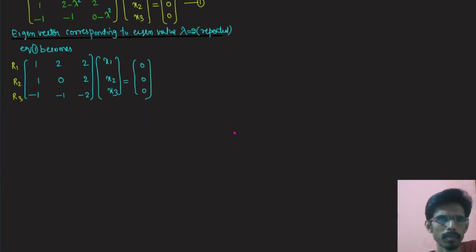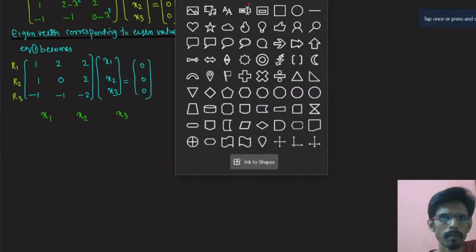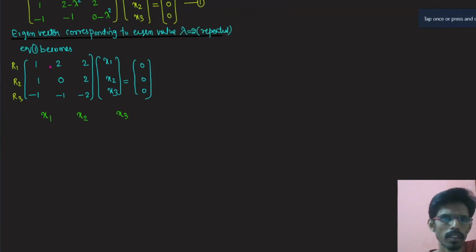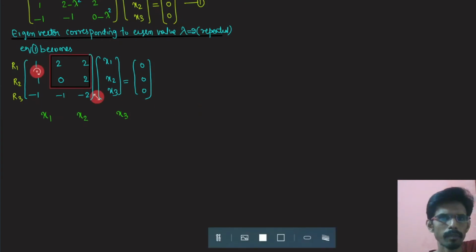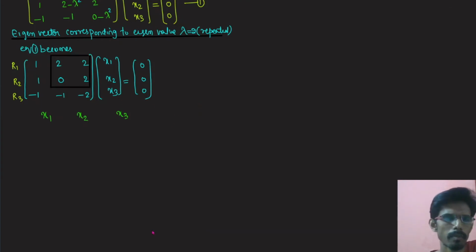So the crisscross method says: write down x1, x2, x3. Now take a submatrix of this matrix here. Here the submatrix is 2, 2, 0, 2.